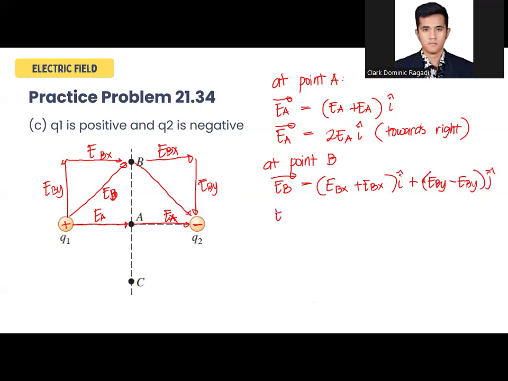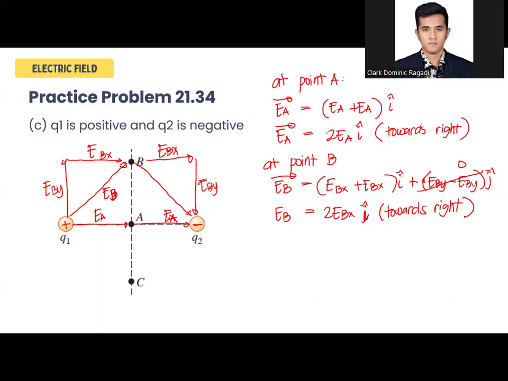So our Y components become 0, and we have EB equal to 2EBX I hat. Since we get a positive I hat, the direction is towards the right. Okay, so that's our answer.